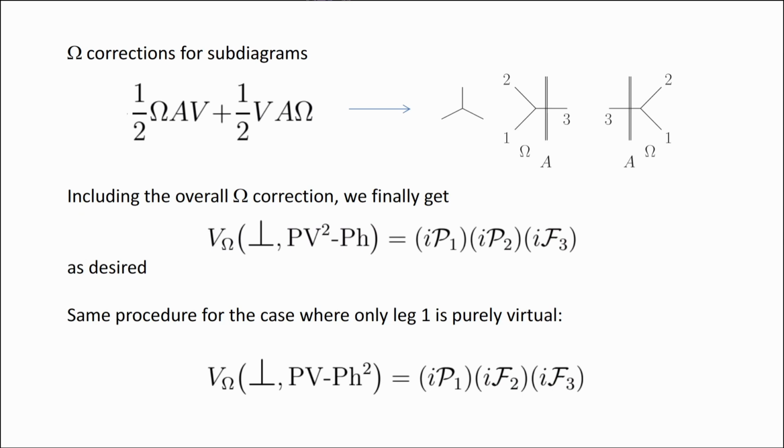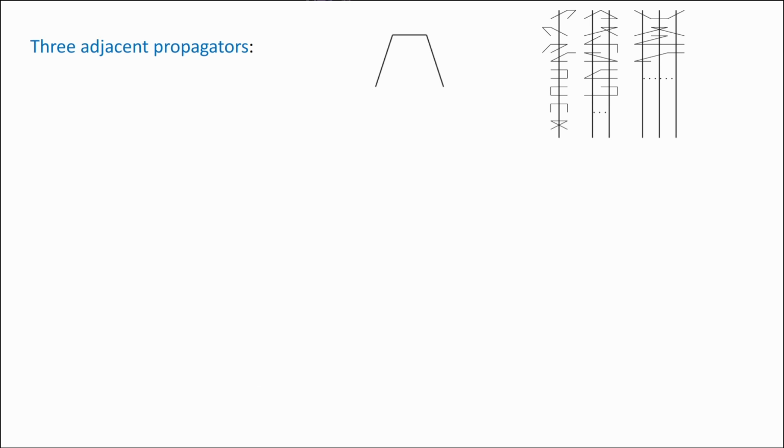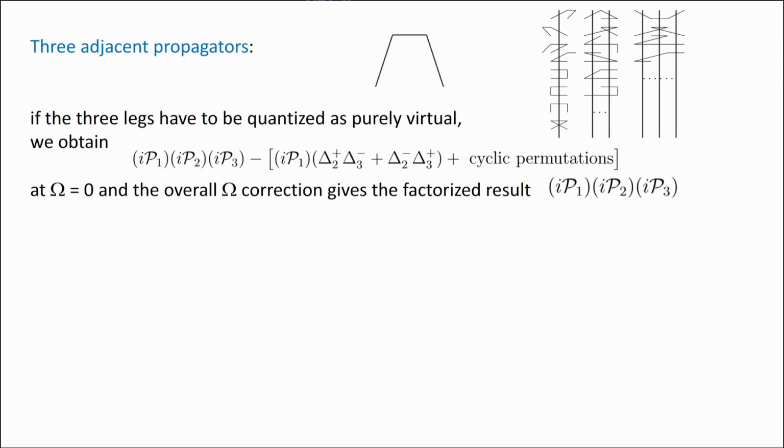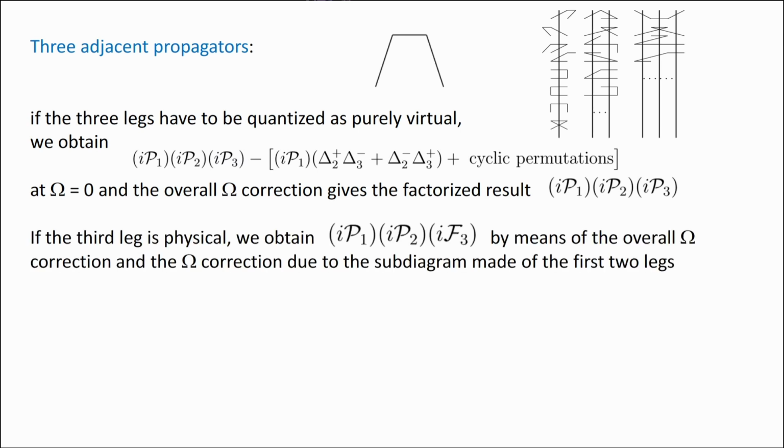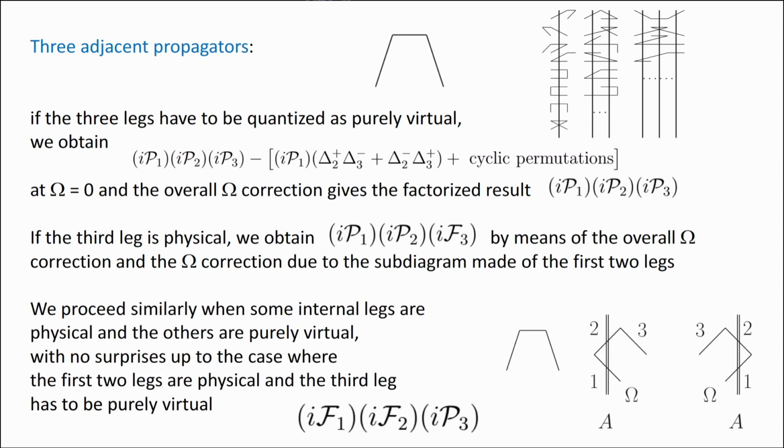If you have only one purely virtual leg and two physical legs, the same procedure applies. Now, three adjacent propagators. If all of them have to be removed, proceed as before, overall omega, get the right result. If the third leg is physical, same thing, but also with subdiagrams. There is another surprise now. If you have two physical particles and the third one purely virtual, so let's say PV, pH, and pH.